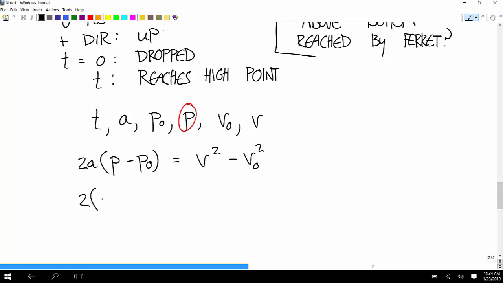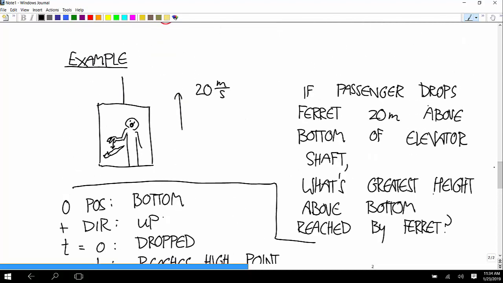So 2 times negative 9.81 times the quantity. We're trying to find this final position. We know the initial position is 20 meters.